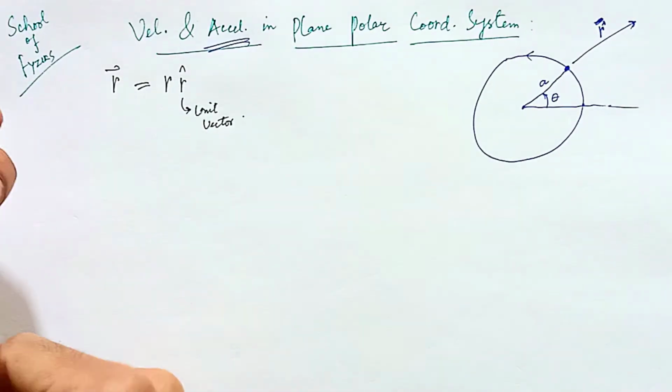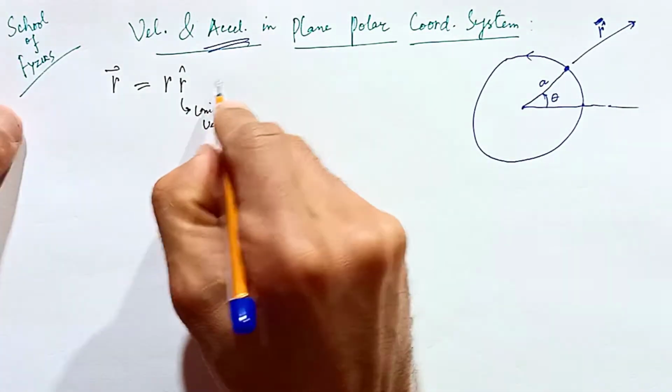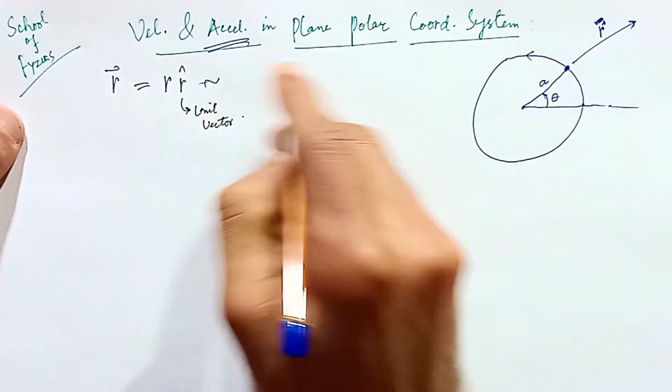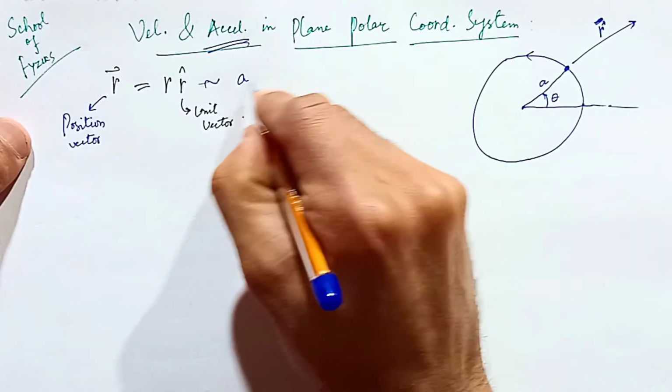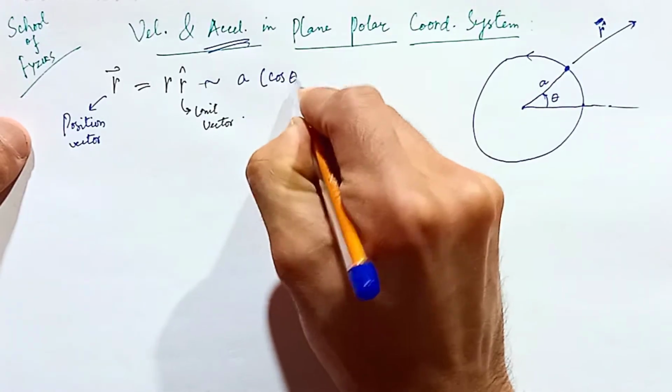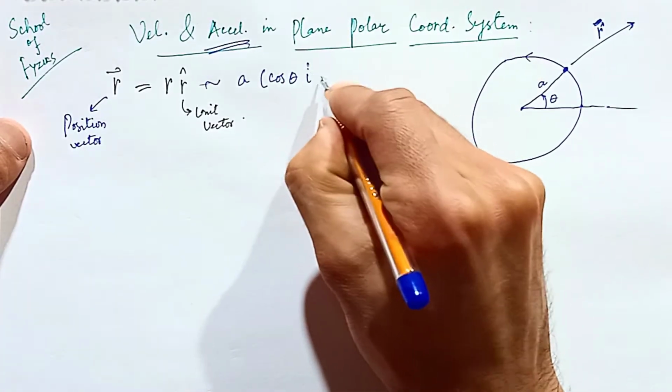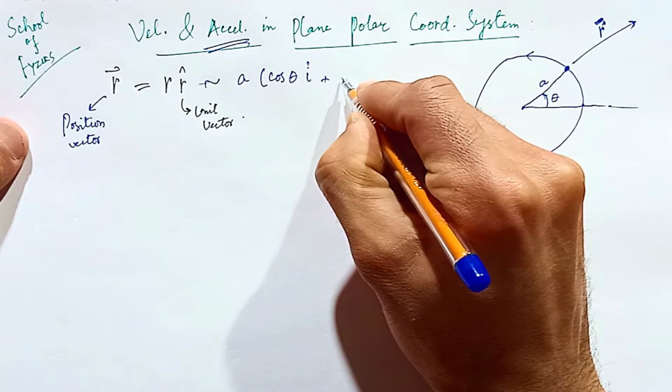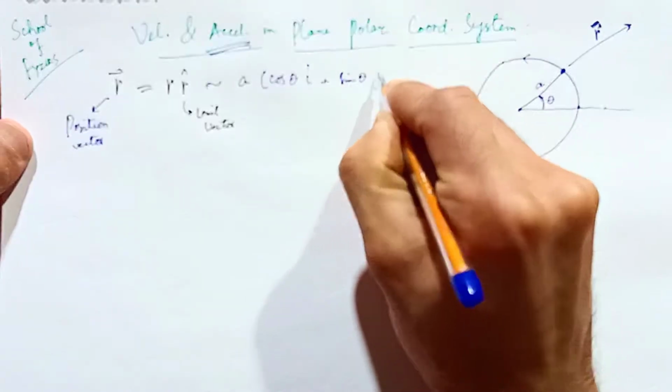And from the previous lecture, you have seen that we took the position vector of this particle, position vector r, as a multiplied by cosine theta along i, and sine theta j.